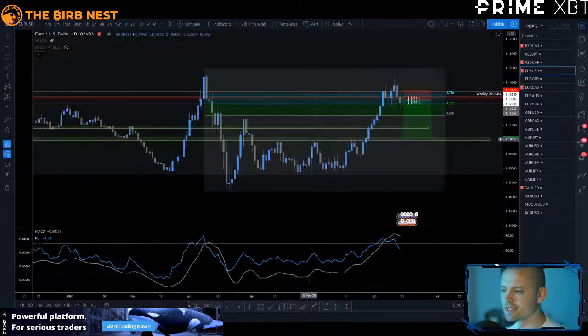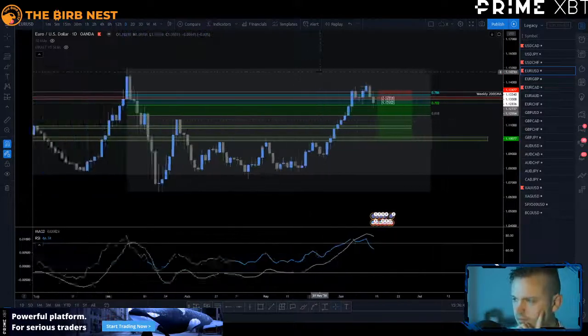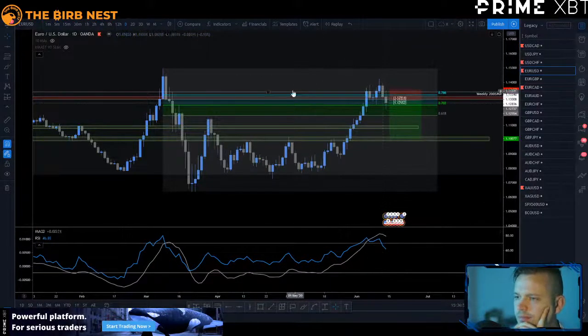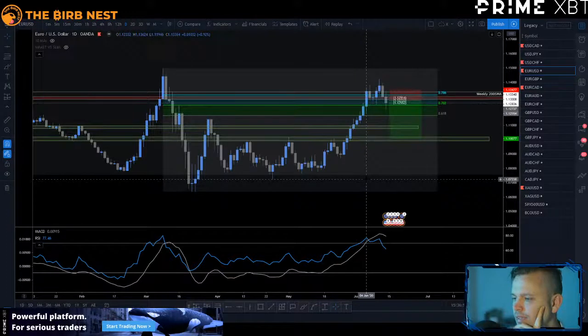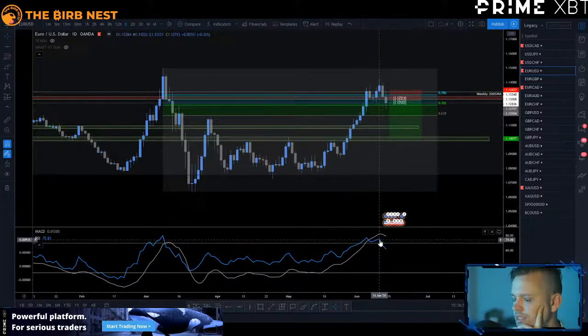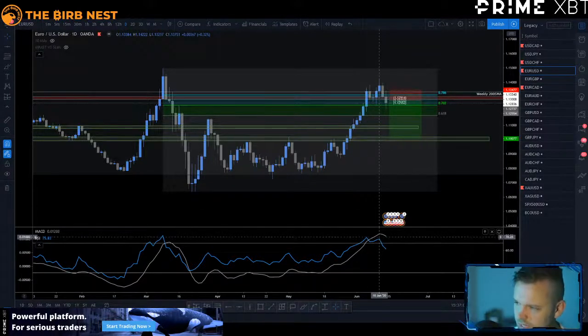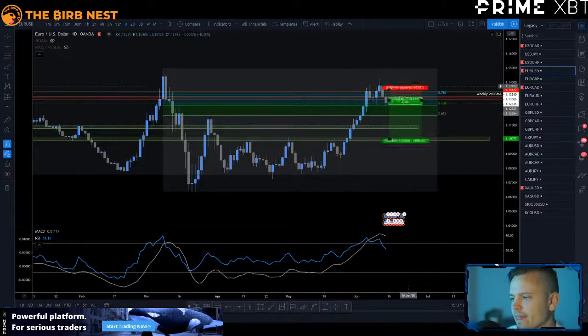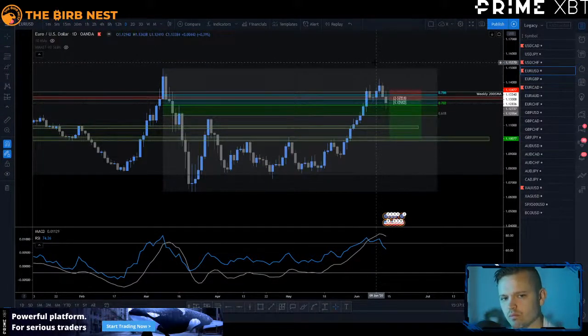We're inside the short RLC, right? We got very clear bearish divergences on the daily RSI here, and this kind of goes back to what I've been saying before.